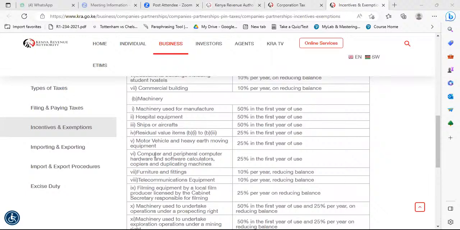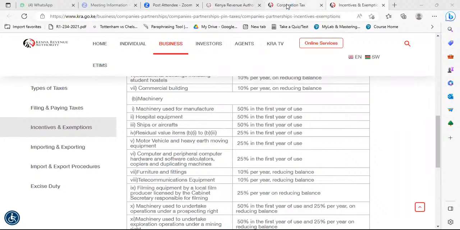So computer and peripheral, computer hardware and software, calculators, copiers and duplicating machines. The rate is 25% in the first year of use.